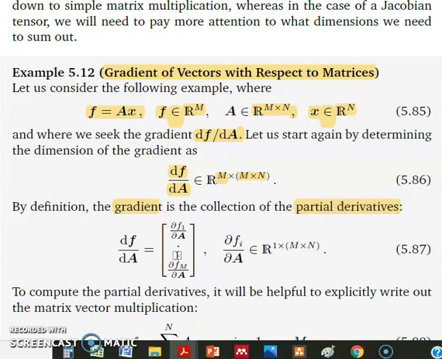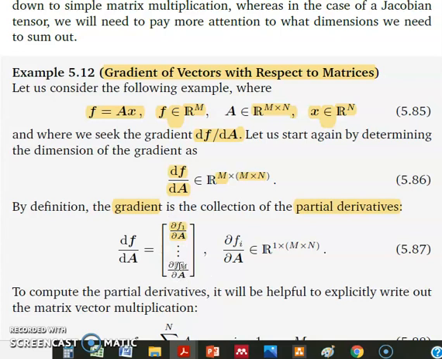So df by dA, you can write it as del f1 by del A, etc., up to del fm by del A. So it will have some functions for which you take the derivative with respect to these variables. Okay, A is a matrix and x is the vector. Del f1 by del A, etc., up to del fm by del A.